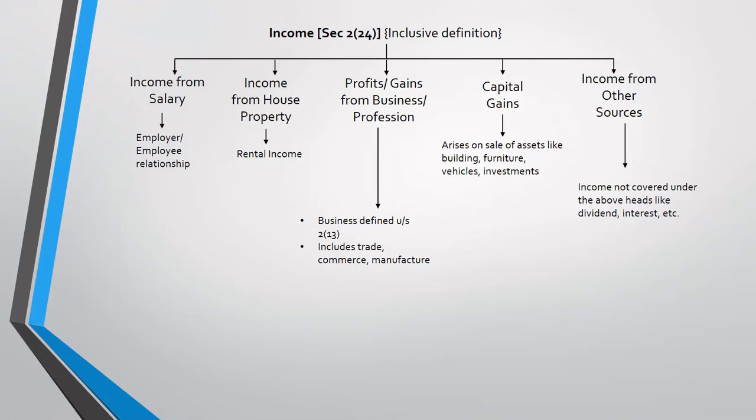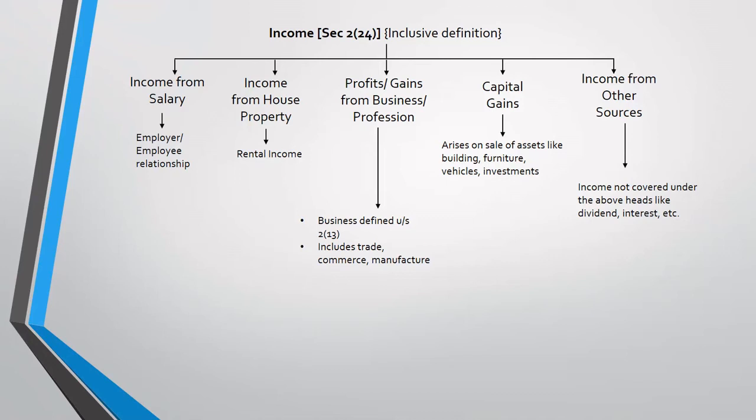Then income from house property. For now, you may just know that income from house property would be rental income. Then profits or gains from business or profession. Business is defined under section 213 and includes any trade, commerce or manufacturing or any adventure or concern in the nature of trade, commerce, or manufacture.